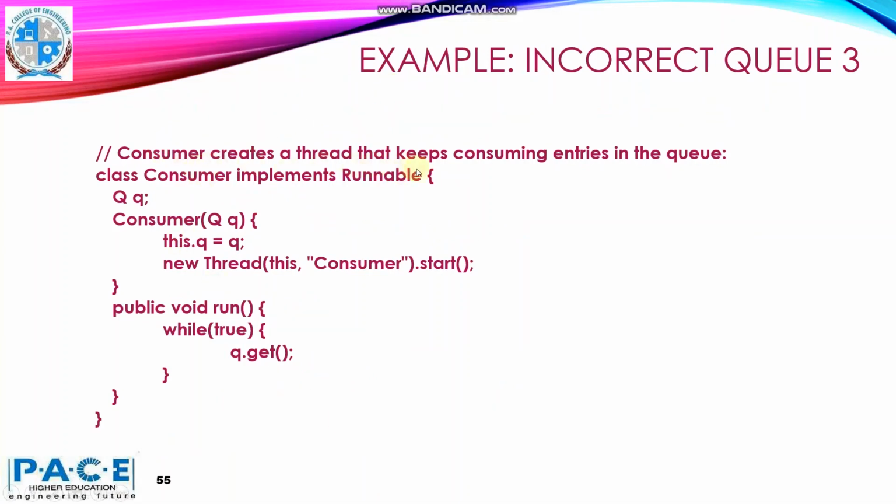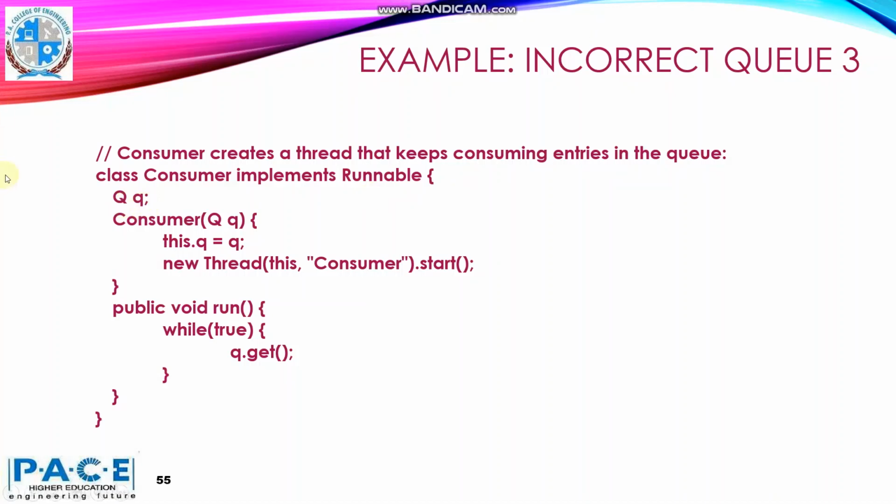The consumer thread keeps consuming the entries in the queue. So we implement the consumer thread class by implementing Runnable. The consumer also has a data member queue. This is the queue from which the consumer consumes.